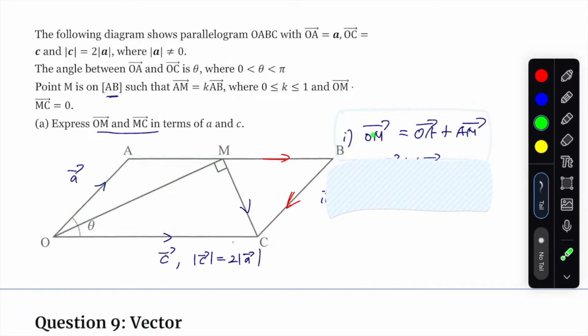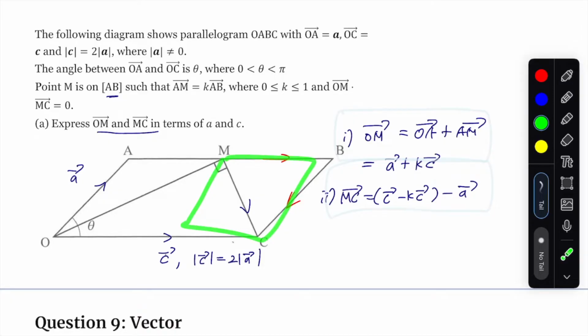What you have to do is simply add OA and AM, and for that we are given vector A plus vector KC. And MC is just going to be the diagonal of this parallelogram here. So what you want to do is add this vector, and that is just the opposite direction of A. Remember, a vector is a free vector. Location does not matter. As long as you have the magnitude and the direction, you can put it anywhere.